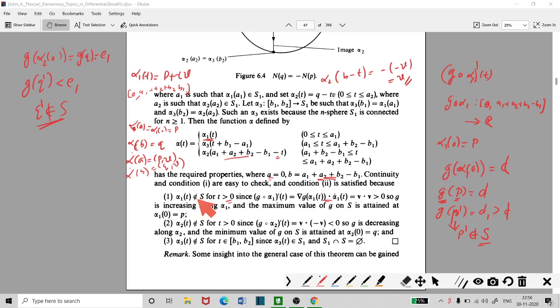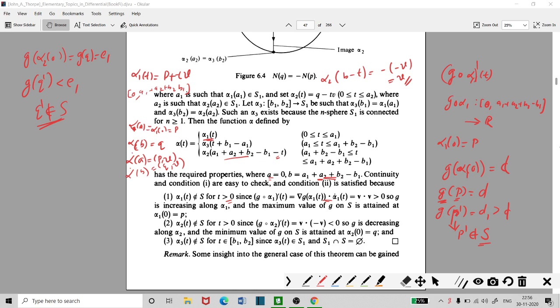So from these three conditions, you can say that alpha of t does not lie on the surface for 0 less than t less than b, that is a1 plus a2 plus b2 minus b1. This proves the construction of alpha with the desirable properties.